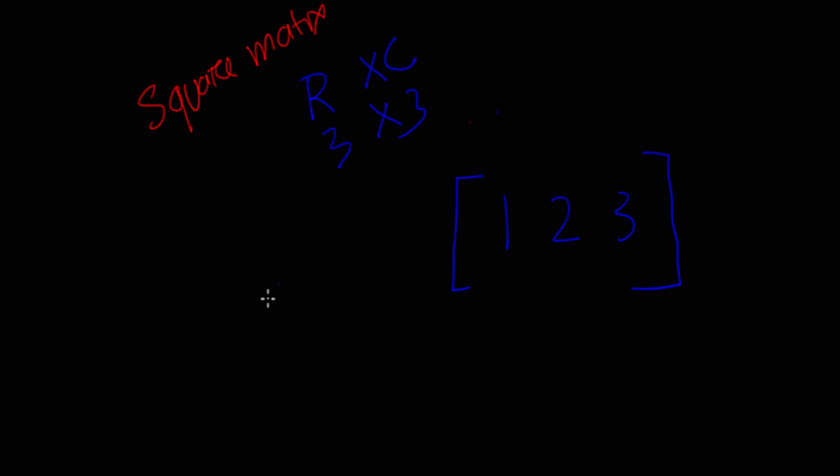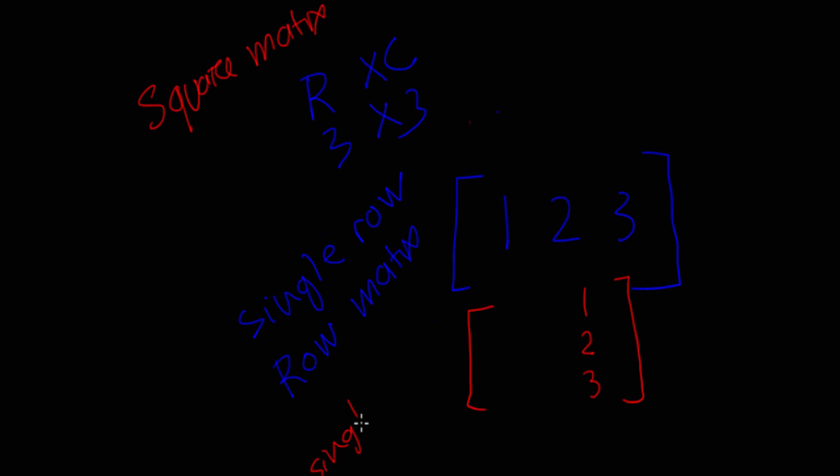Similarly, if it has only one column, suppose 1, 2, 3, then it will be called a column matrix, or a column vector. A single column matrix or column vector.